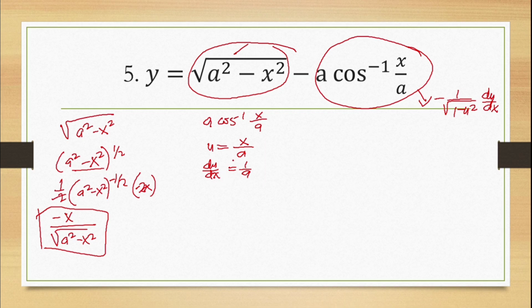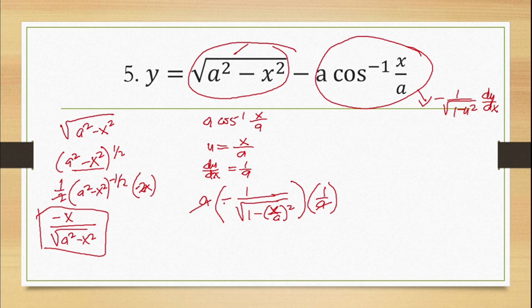So 1 over a, if that is our u, du over dx, so therefore we're just going to multiply here. So a times negative 1 over the square root of 1 minus our u, which is x over a squared, then multiply it by our du, which is 1 over a.